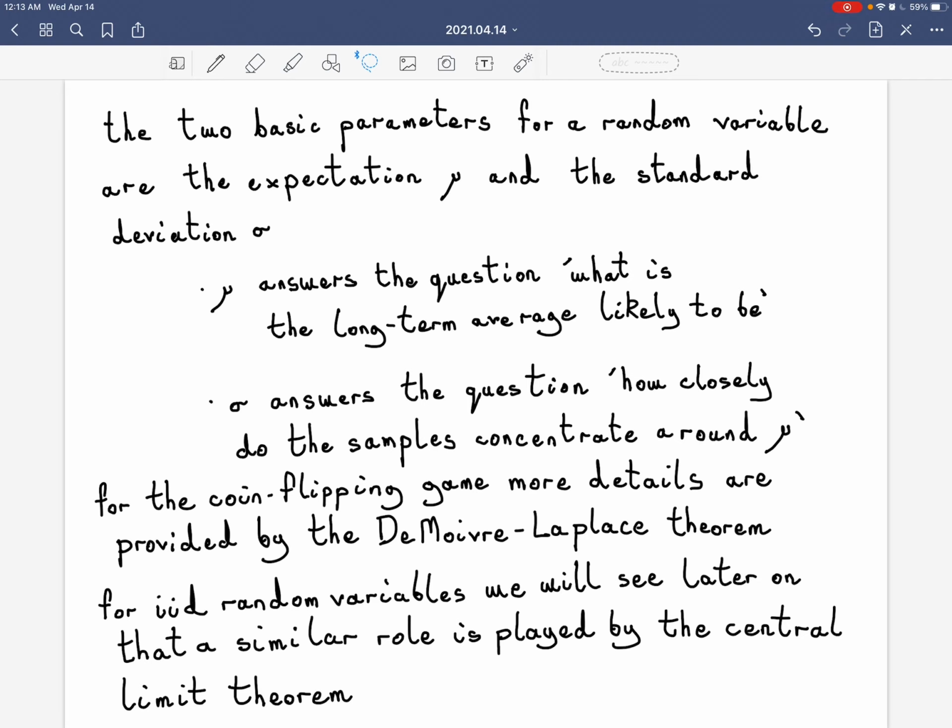But usually the way expectations are used to make decisions is that if the expectation is positive, then you should do whatever it is that gives you this positive expectation as often as possible because you think that it's good.